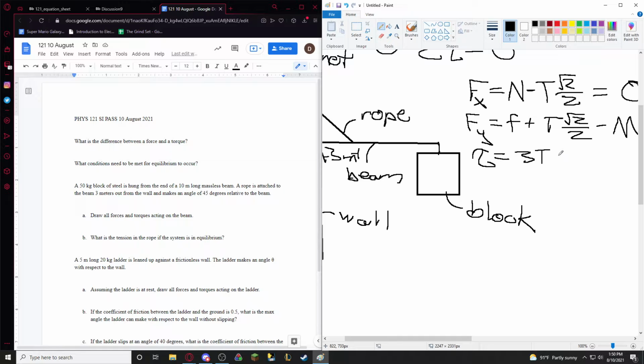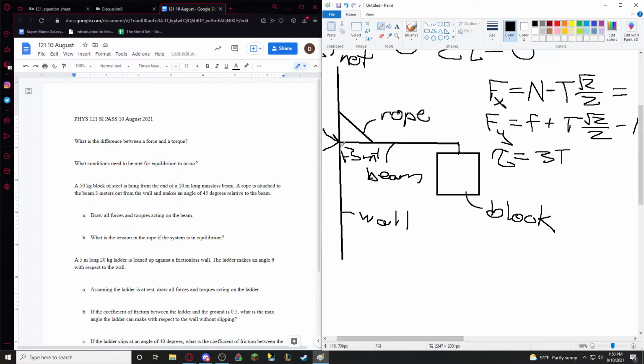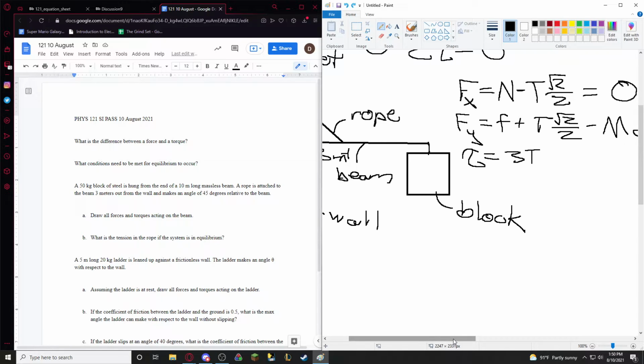Yep, sine of theta. And what's the angle between the tension and our r vector out to here? Oh, 45. Yep. Or in this case, technically 135 degrees, but same thing. So we have sine of 45 degrees, and what is that?